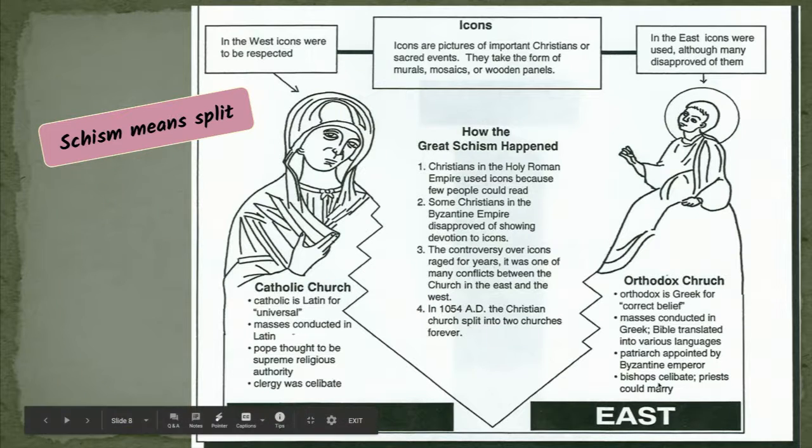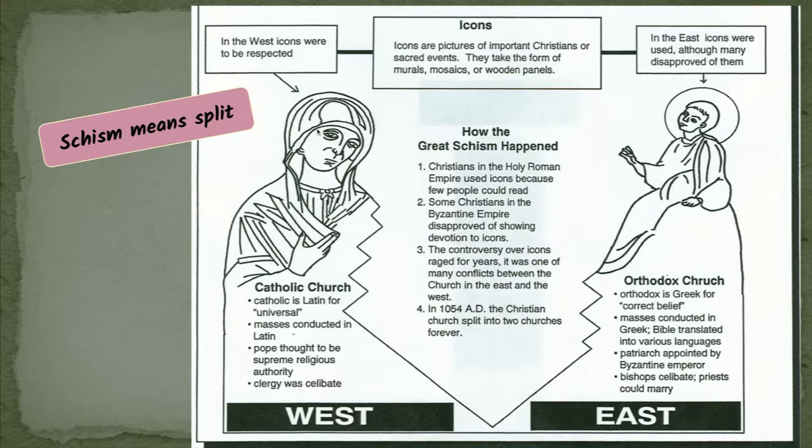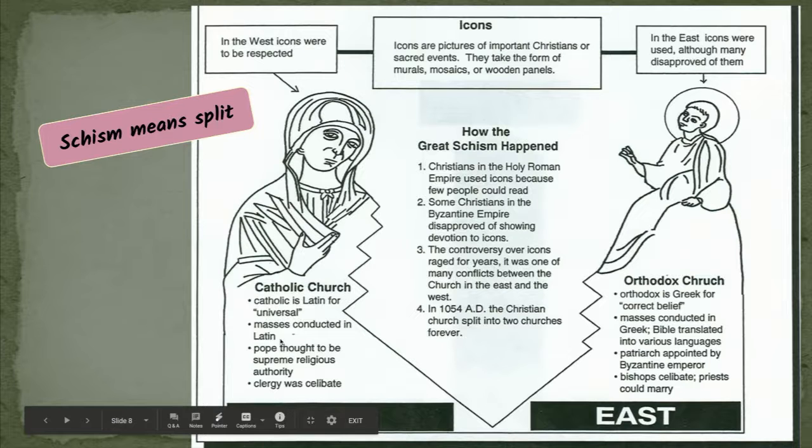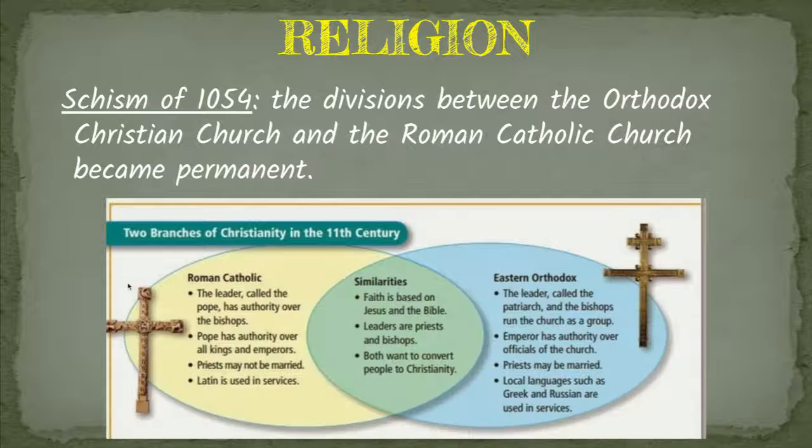And we see the emperor having far more power over what happened in the church. In the West, in Western Europe, it's known as the Catholic Church. And we know that the Pope ultimately had way more power than the kings or emperors. Okay.